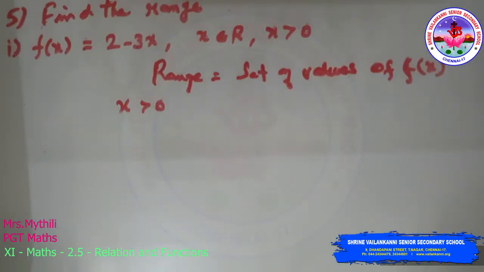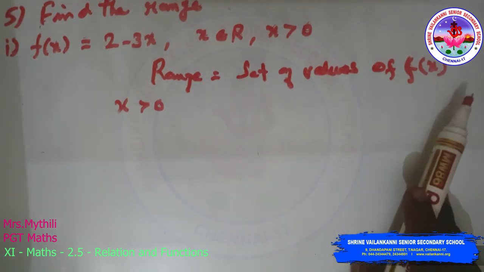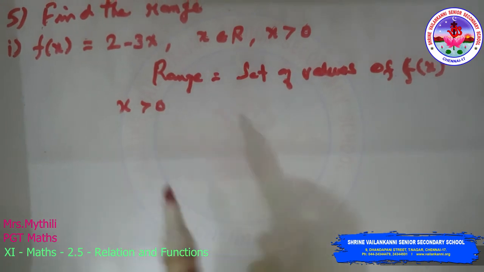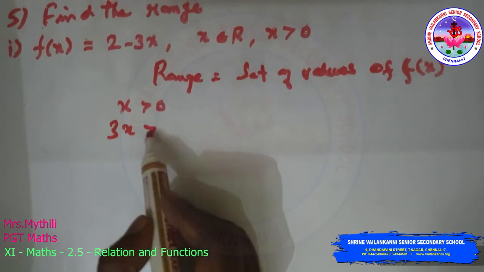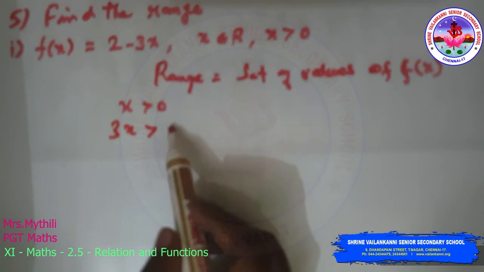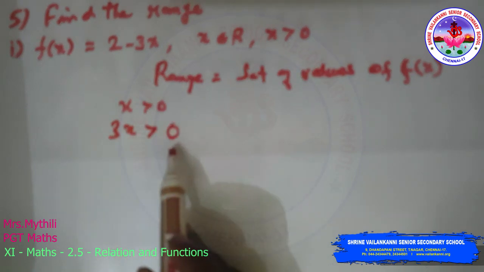Fifth one, find the range of each of the following functions. First subdivision, f of x equal to 2 minus 3x, x belongs to R, x is greater than 0. So range means set of values of f of x. It's given that x is greater than 0. Now I'm going to multiply 3 on both the sides. So 3x is greater than 0 into 3, which is nothing but 0. So 3x is greater than 0.